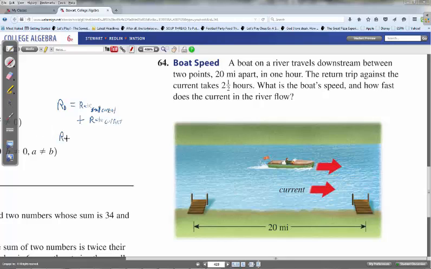Upstream would be the rate in still current minus the rate of the current. So, if your rowboat is going 5 miles an hour and the current is going 2 miles an hour, you would be still going forward at 3 miles per hour.